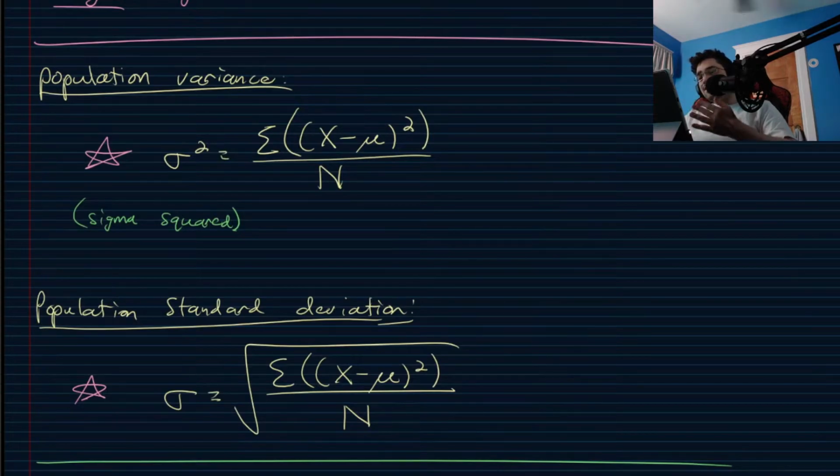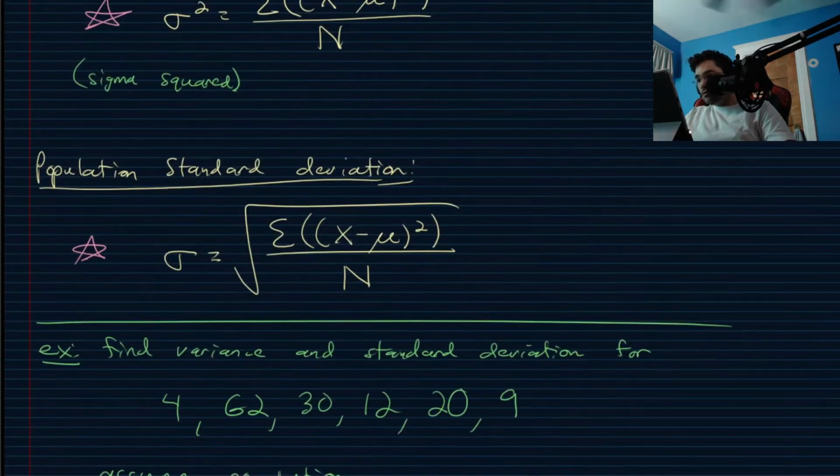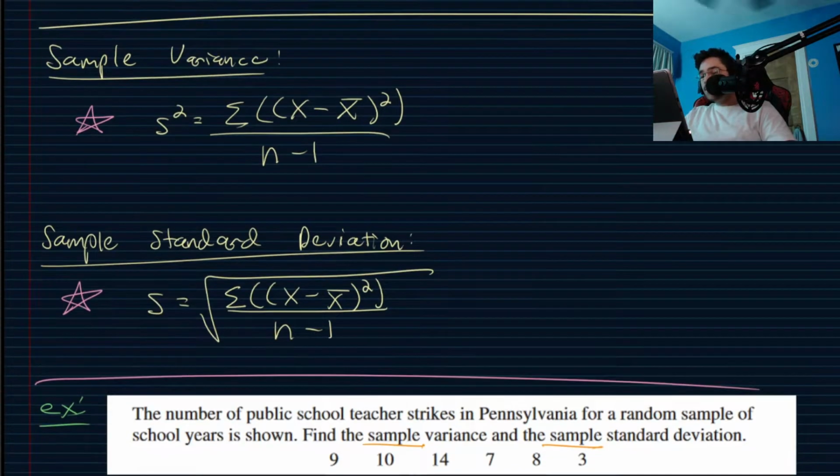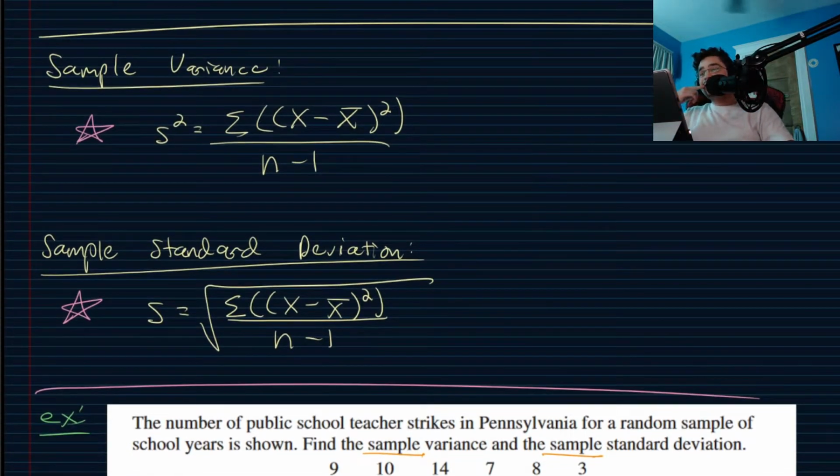There also is a formula for sample variance and standard deviation as well. The only difference is the denominator changes to n minus 1, and the notation changes around, but the formula difference is that it's n minus 1 rather than n.